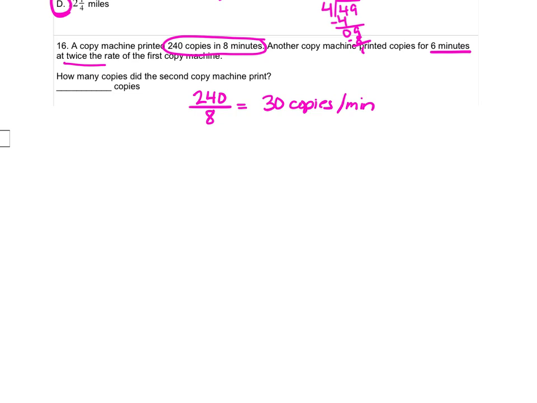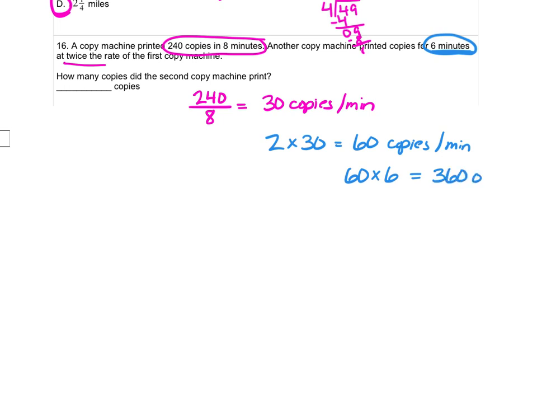The second one is twice the rate. So 2 times 30 is 60 copies per minute. And this went on for 6 minutes. So 60 copies times 6 minutes is 360 copies. So we got 360.